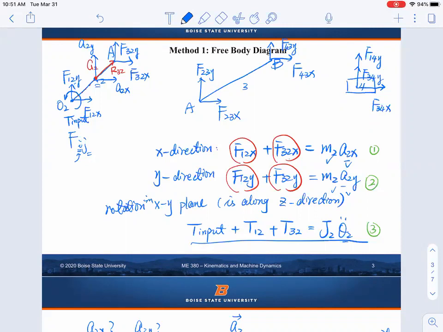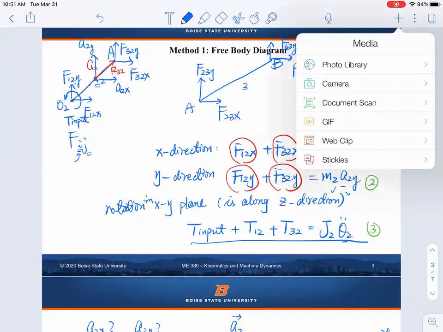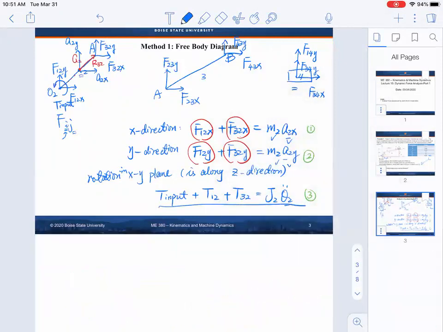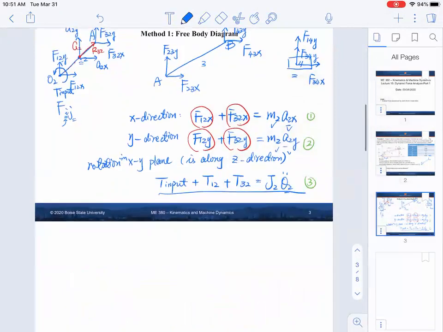And then the last one is kind of special because in this case, we don't have rotation. You're going to only have 2 equations there. So for this one, let me add 1 page. All right, so let's focus on link number 3. For the x direction, you don't have to start from scratch. You just copy and paste.